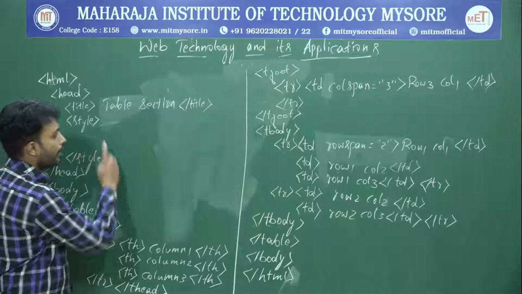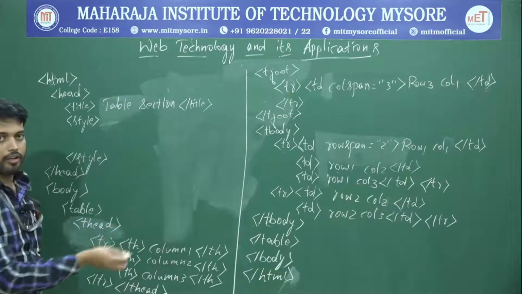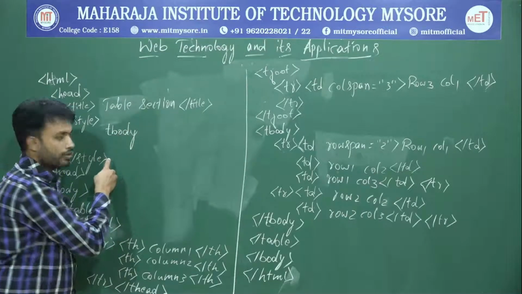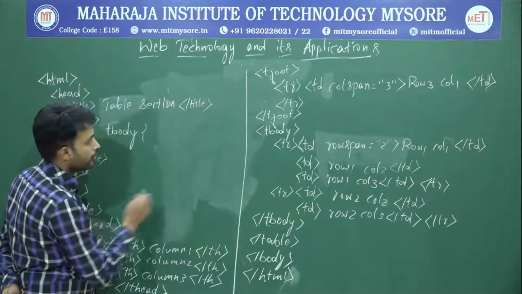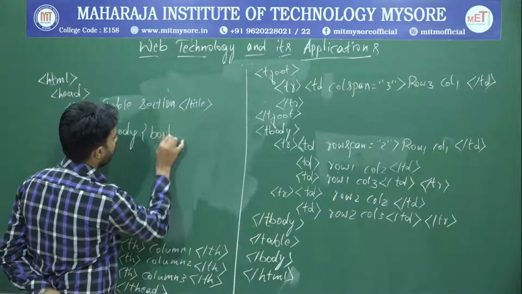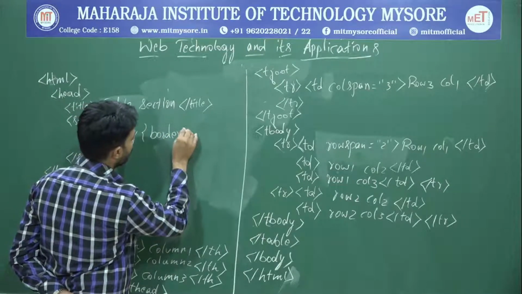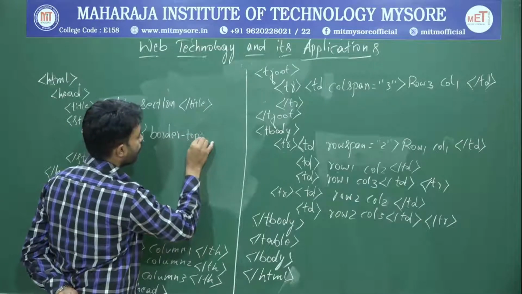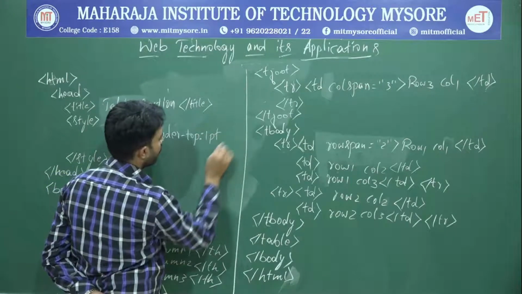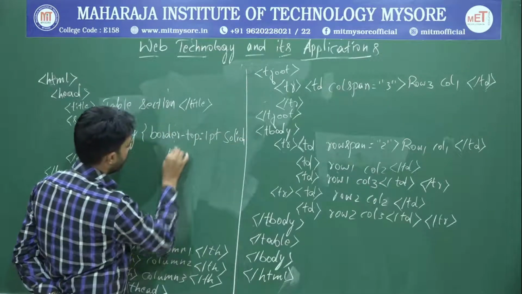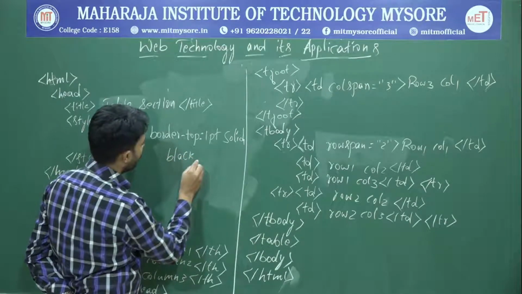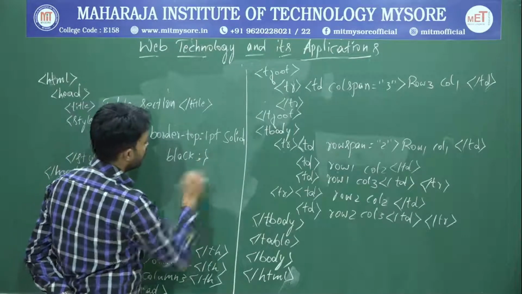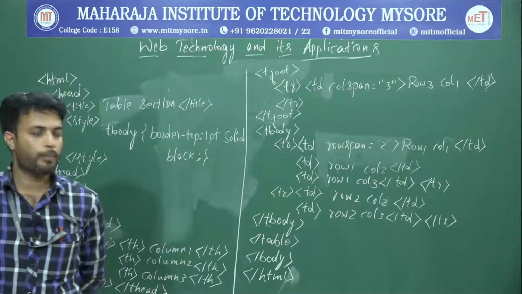Now I can write tbody, open curly braces, and add border-top: 1px solid black; and close the curly braces.